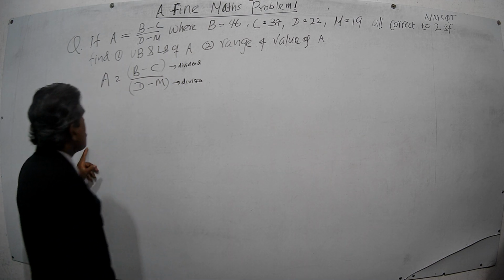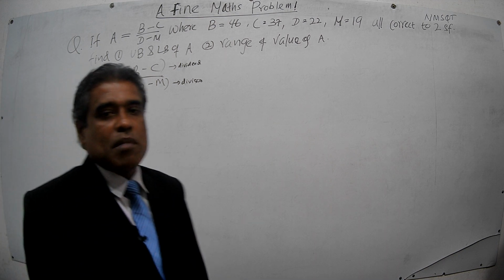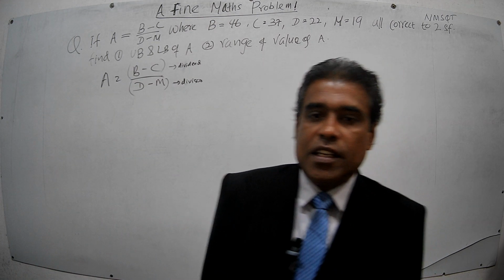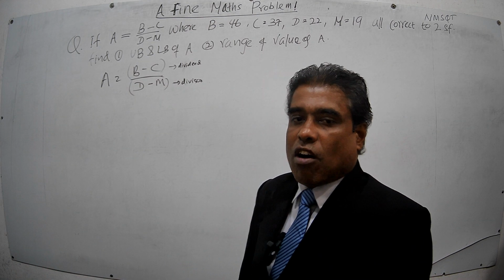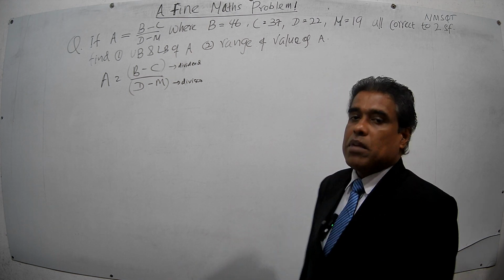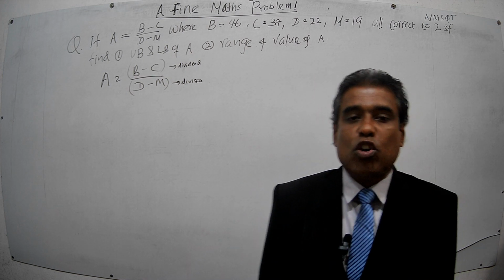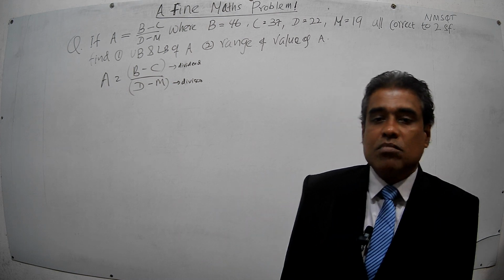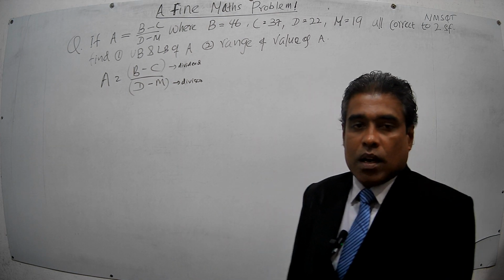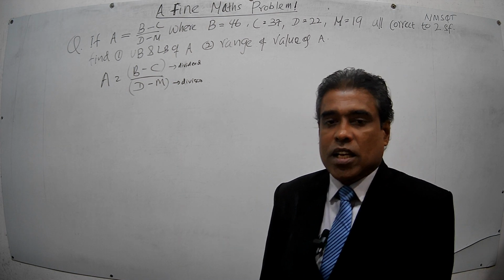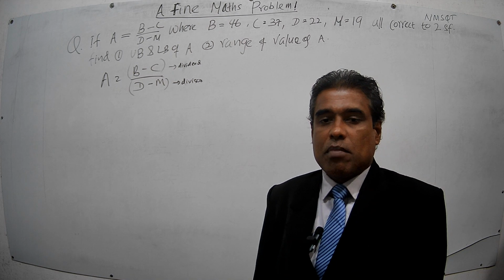Now, when you come to the upper bound and lower bound of a division, we have learned the formula for finding the upper bound of a quotient. The quotient is the answer of dividing one number by another number.